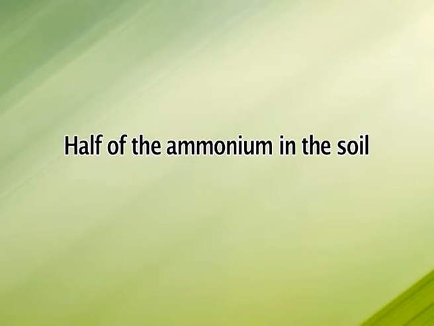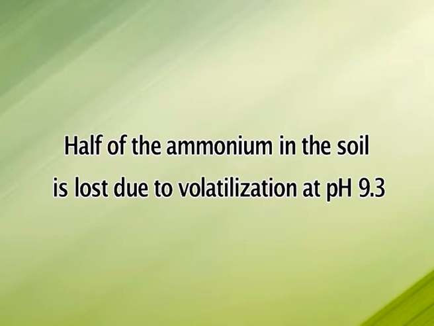Half of the ammonium in the soil is lost due to volatilization at pH 9.3. Volatilization losses are higher at higher soil temperatures. Soil drying after reaching field capacity increases volatilization loss as evaporation greatly favors volatilization.